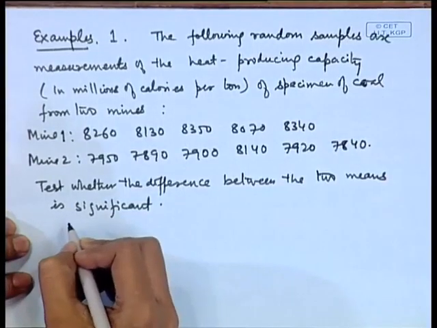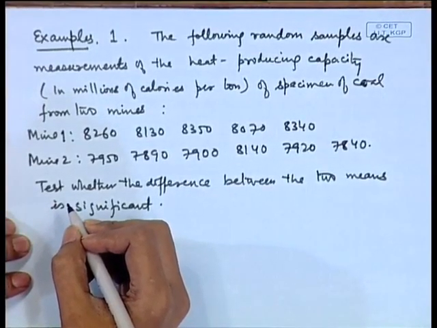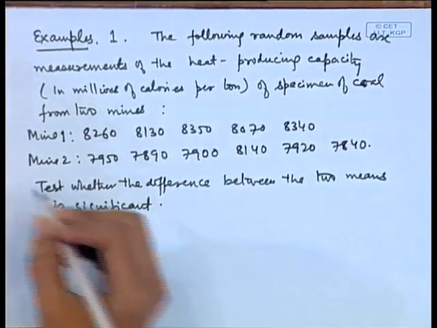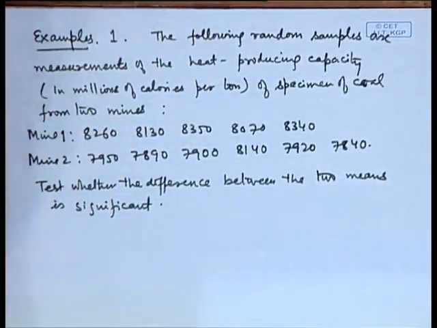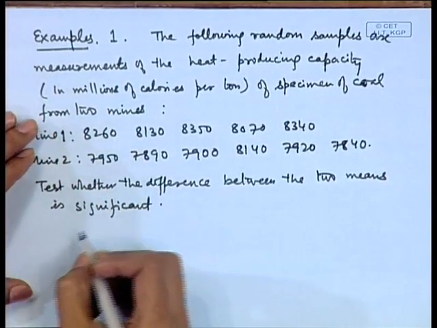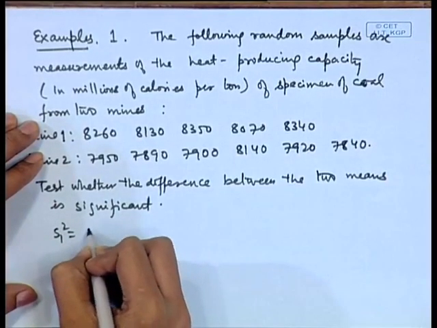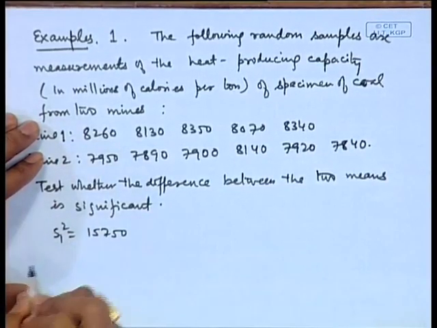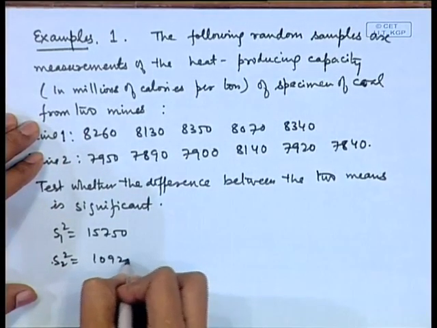But once again here, to test this hypothesis, we will have to test about the variances also. So, whether the variances are same. So, here we see that if we consider S 1 square, S 1 square is equal to 15,750 etcetera, S 2 square is equal to 10,920.